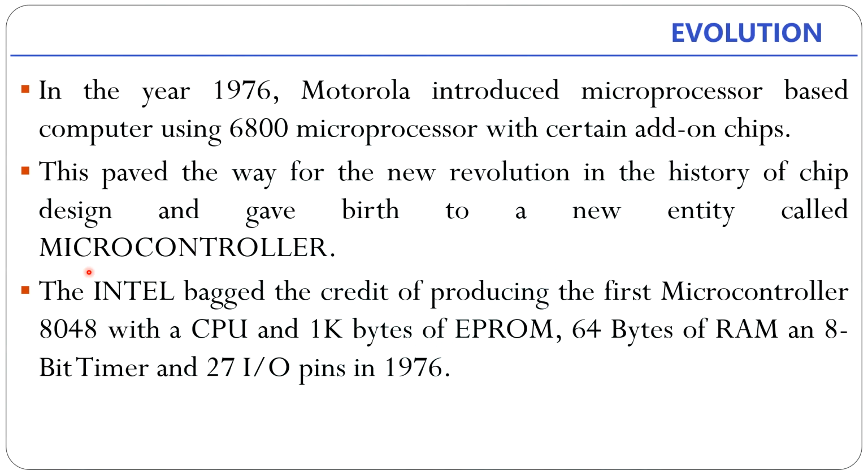Intel bagged the credit of producing the first microcontroller, the 8048, with a CPU and 1 KB of EEPROM, 64 bytes of RAM, an 8-bit timer, and 27 input-output pins, in 1976.